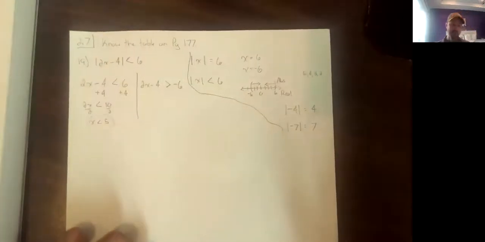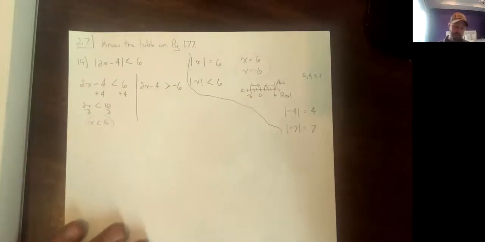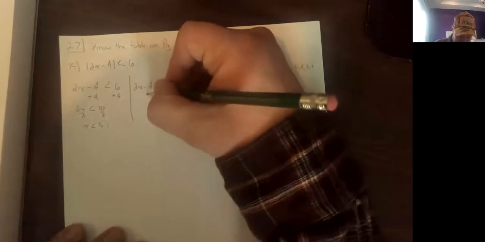So as we go down through here, we're going to add the 4. So we get 2x is less than 10. We divide by 2. x is less than 5. So we know x, the actual value of x, is less than 5. Then the other option is greater than -6. I'm going to add 4, and I have 2x greater than -2.